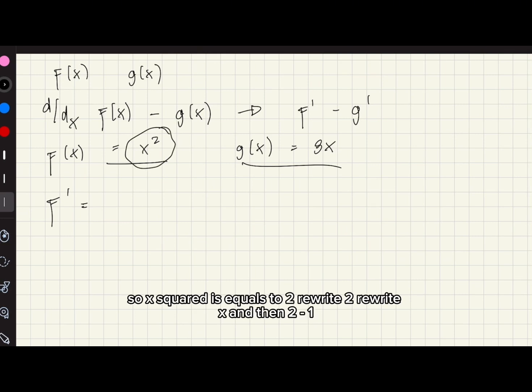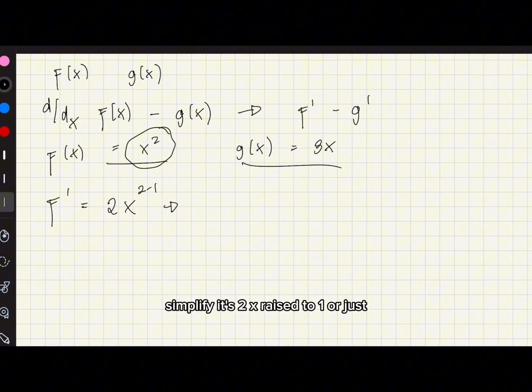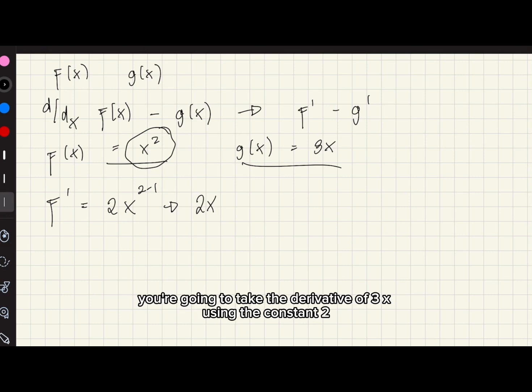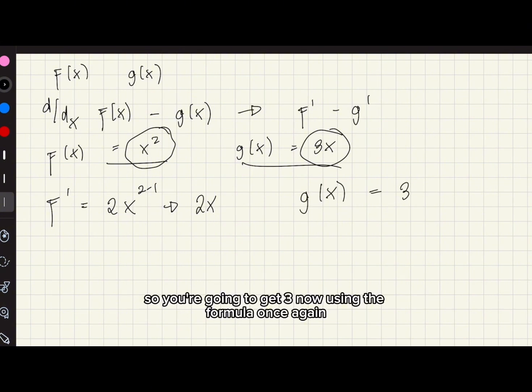So the derivative is 2, rewrite 2, write x, and then 2 minus 1. Simplify, it's 2x raised to 1, or just 2x. And then next you're going to take the derivative of 3x using the constant rule. So you're going to get 3.